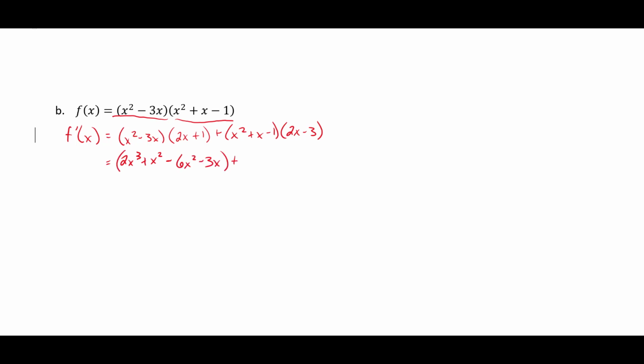And then plus the product of x squared plus x minus 1 and 2x minus 3, which is 2x cubed plus 2x squared minus 2x minus 3x squared minus 3x plus 3 when you multiply that all out. And now since it's addition, we can drop these parentheses and start cleaning up, combining all our like terms, and you should get 4x cubed minus 6x squared minus 8x plus 3 for the final answer for your derivative.